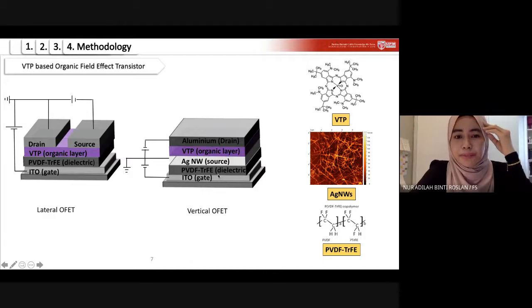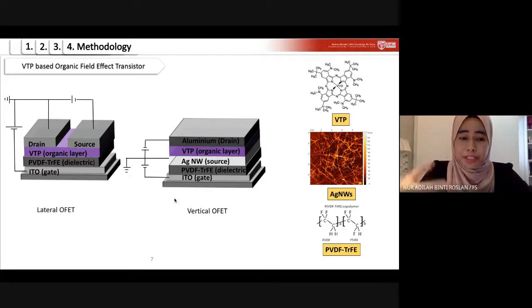And also, you might wonder why I fabricate different architectures. It is because I want to modify the channel length of the device. What is the definition of the channel length? The channel length is the one that contributes to the conduction of the device.